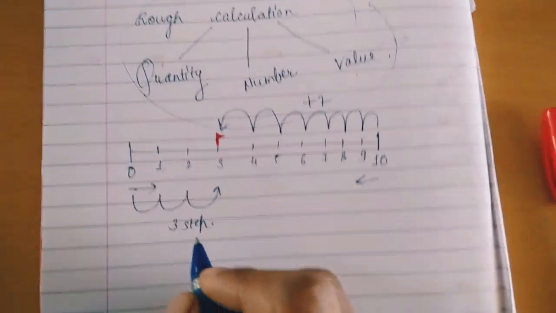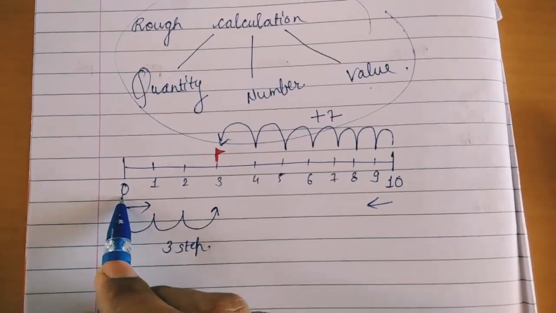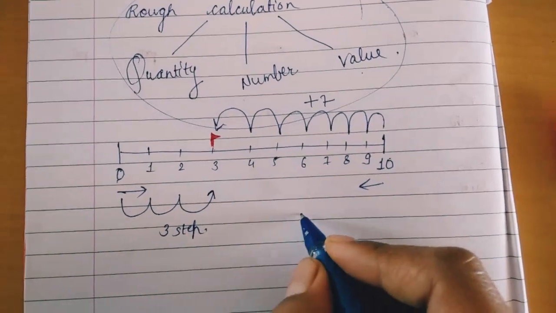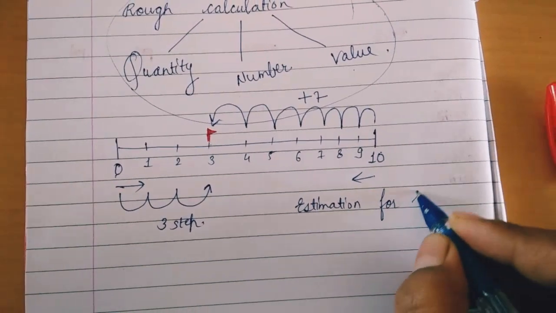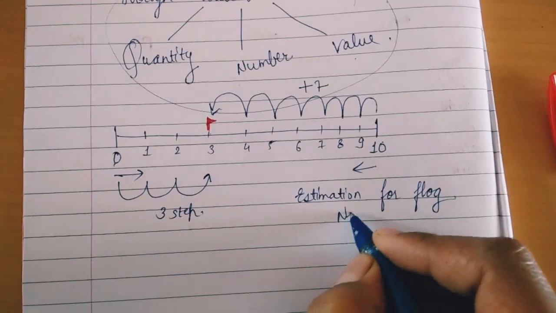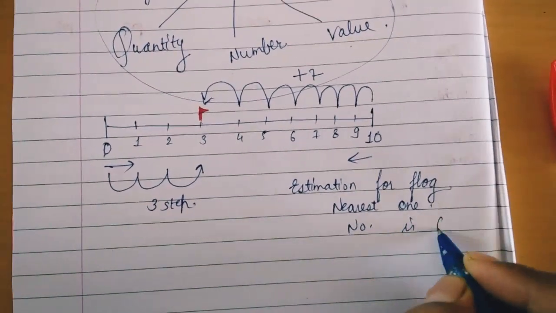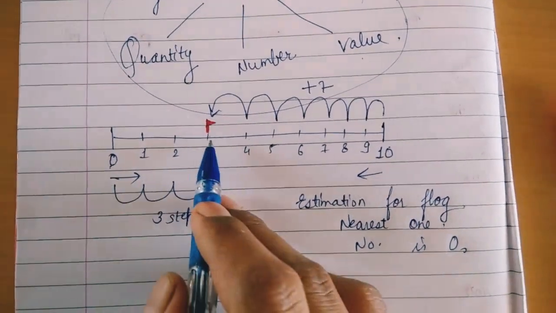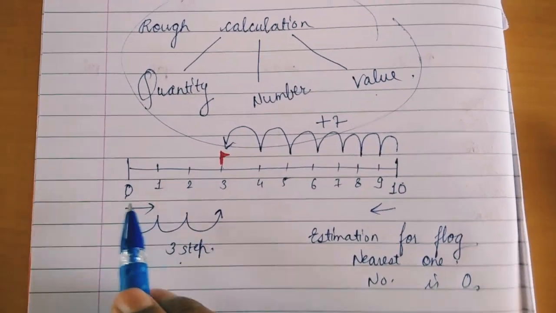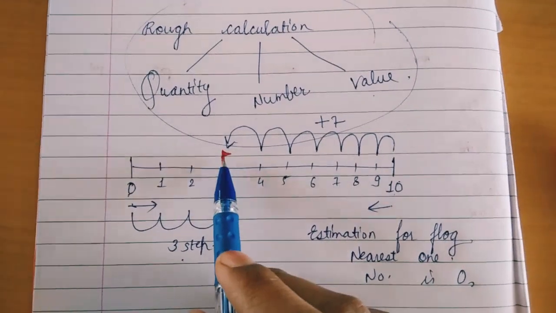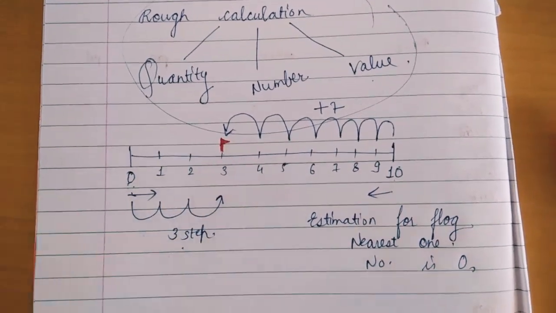So the flag is nearest from 0. The estimation for the flag is that the nearest number is 0, because in 3 steps we can easily reach the flag from 0, but from 10 we have to take 7 steps. That's why its nearest place is 0.